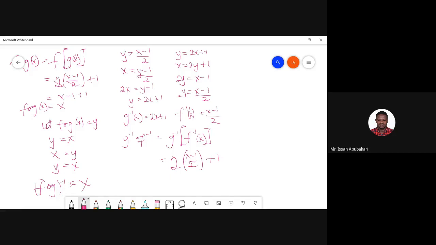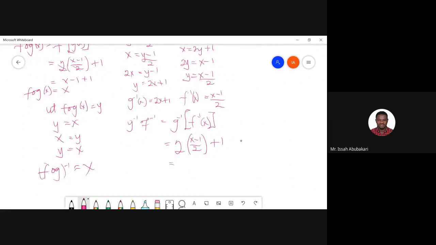Like this. So at the end, this 2 can cancel this 2, and we have x minus 1 plus 1. And this will be what? X. So g inverse of f inverse of x should be equal to x, and this one should be equal to what? Also x. So at the end, we realize that whichever way that you solve it, you get the same answer.